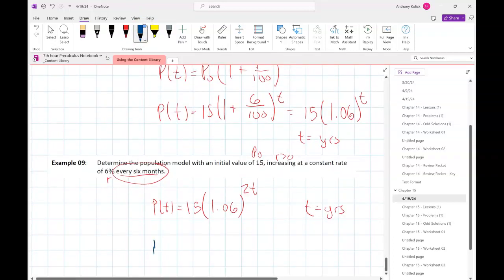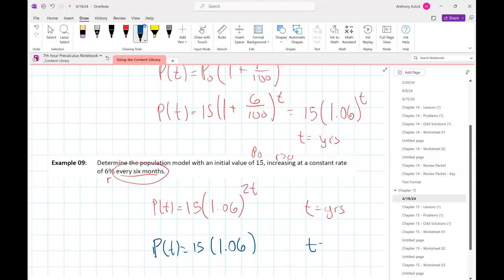Now, what happens if instead I wanted to make the T in months? How many times is that 6% increase going to happen in 1 month? You get 1/6 of it, right? So we'll have t over 6.